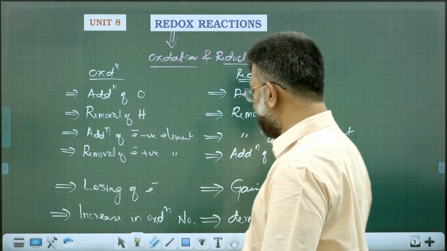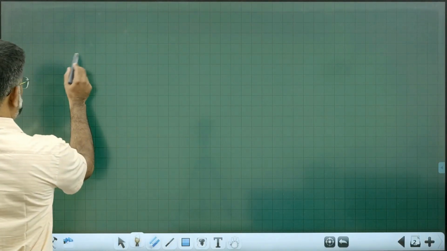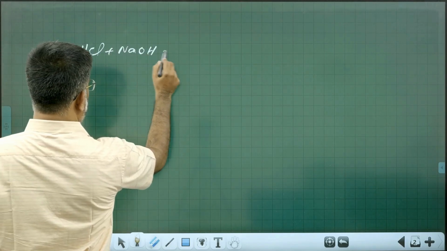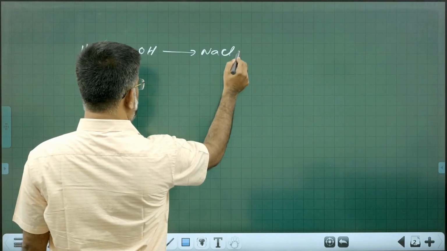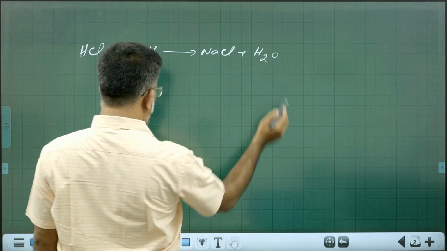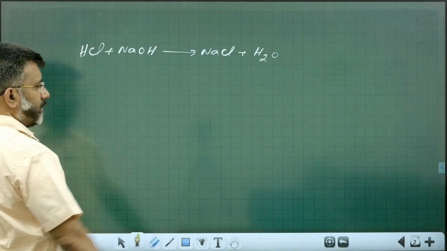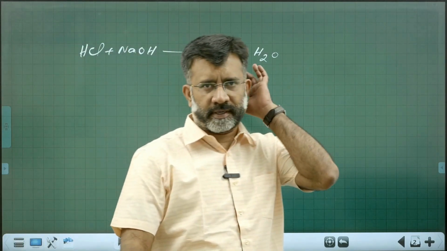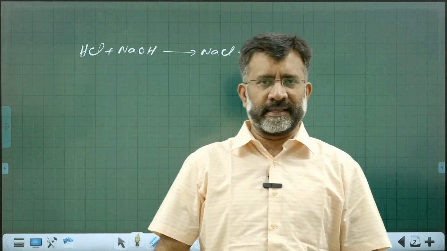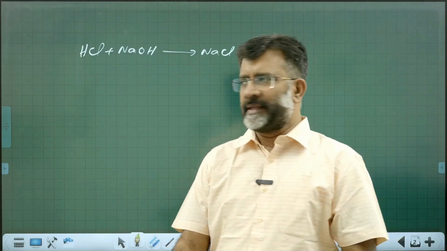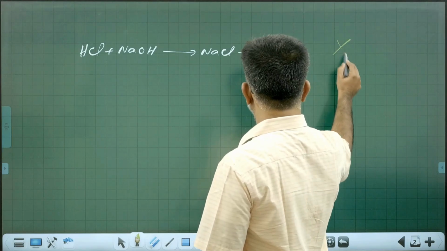Just for example, take a reaction like this: HCl plus NaOH giving NaCl plus H2O. Everyone knows there is absolutely no change in the oxidation number of any element in the species involved in the reaction. That is, it's not a redox reaction. Why?